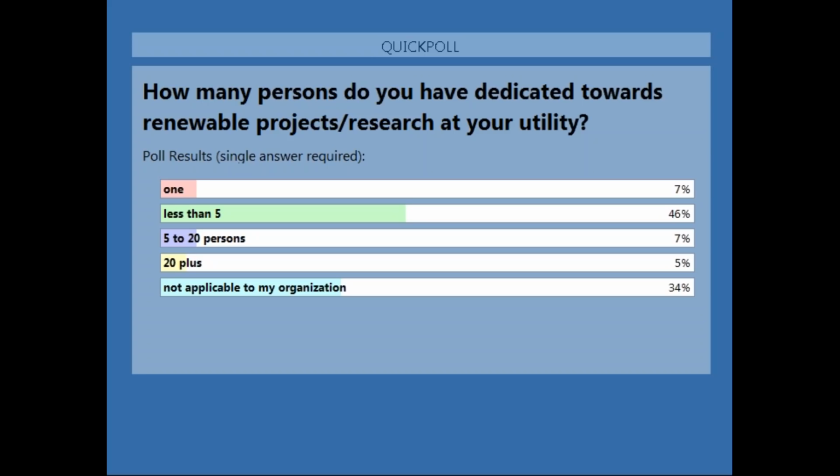So I open this up to recognize that we're all at different stages of solar or renewable energy development, or even considering it, and this transition is happening slowly, rapidly, and we're here to just learn from each other.